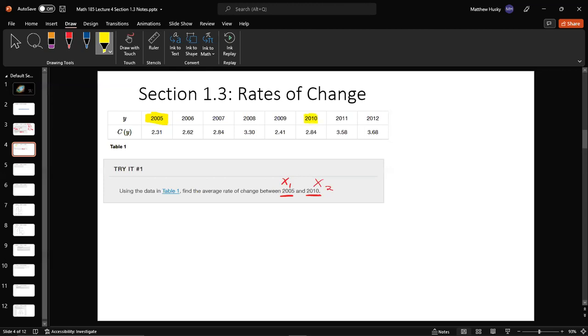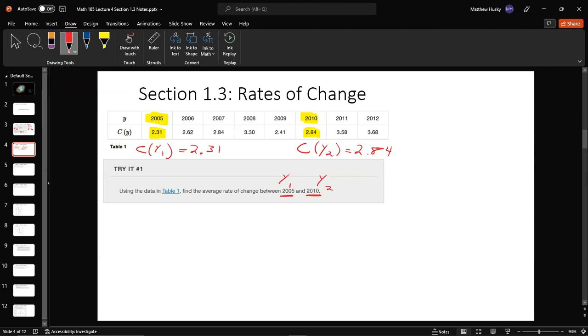But anyway, these are the two values that we have. I guess strictly speaking, these are y1 and y2. And then what we need are the output values that go with them. So C of y1, that's this value right here, which is 2.31. C of y2 is 2.84.